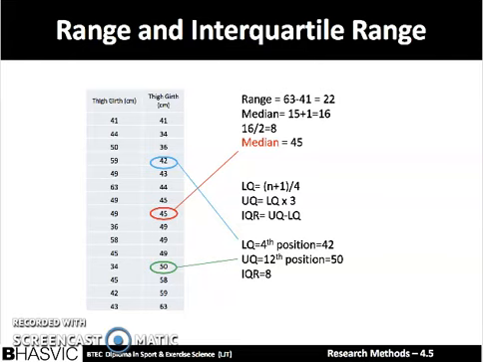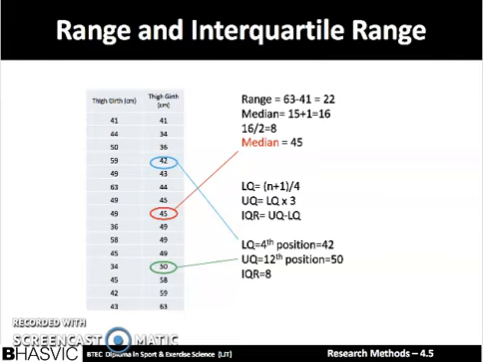To find the range, you would do 63, which is the largest value, minus 41, which is the lowest value, and that gives you 22, which is the range for this set of data. To make that easier for myself, I rearranged my data into rank order to make it easier to establish the smallest value and the largest value.